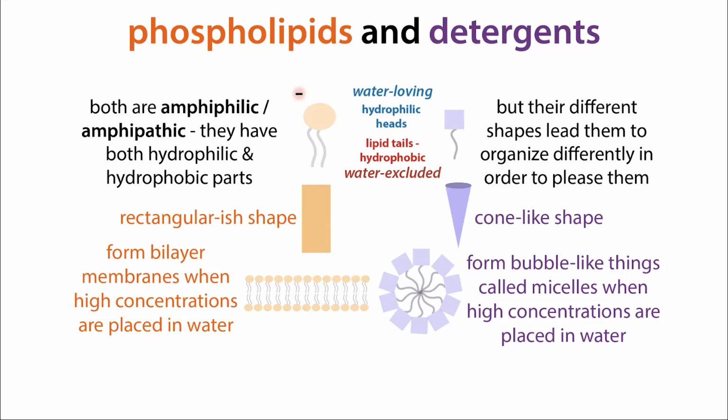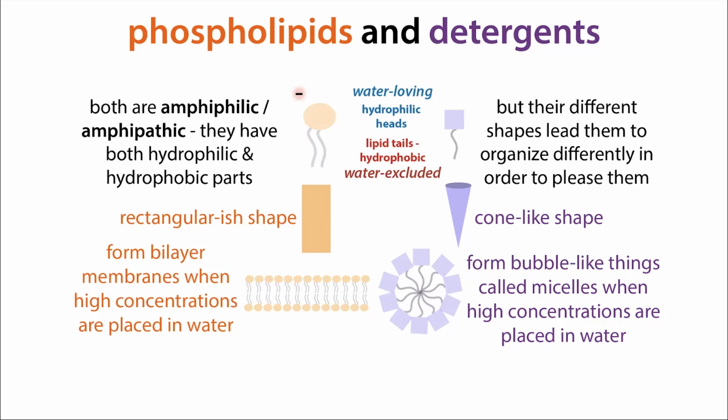When you stick one of these amphiphilic molecules into a watery environment, they're going to organize themselves so that their hydrophobic parts, those lipidy tails, are together away from the water, and their hydrophilic parts, the water-loving parts, are exposed to the water. For a phospholipid, because of that rectangular shape, the best way it can do this is to form a bilayer, a sort of sandwich where the head groups are like your bread, and those tail groups are like your peanut butter.